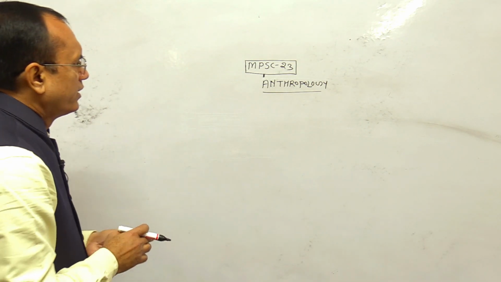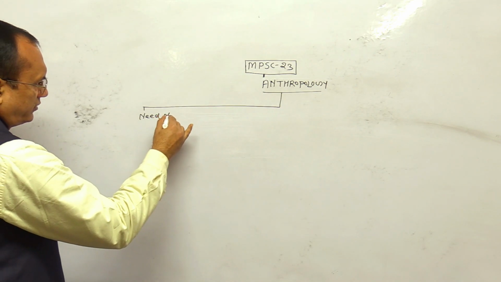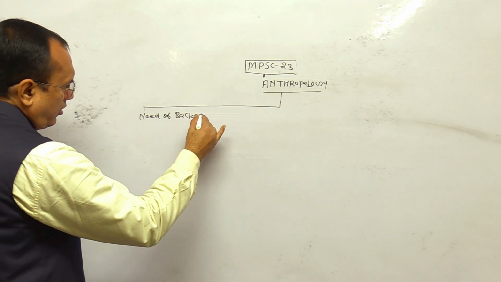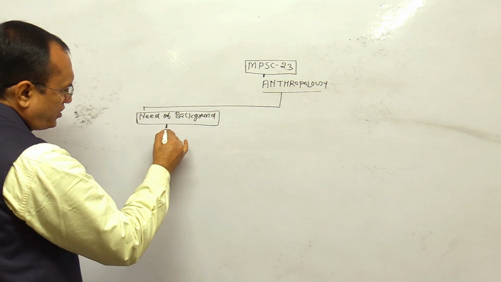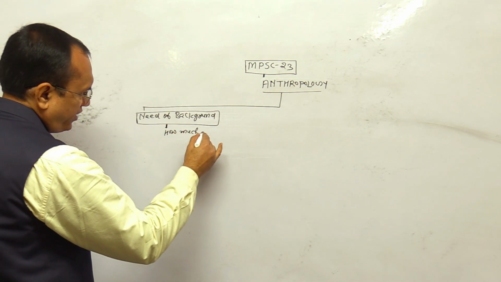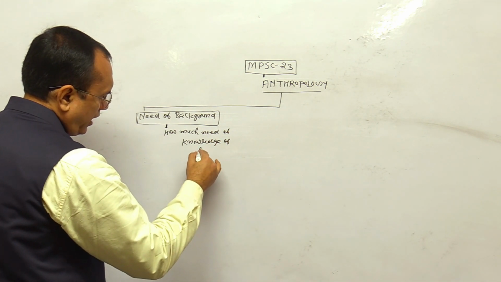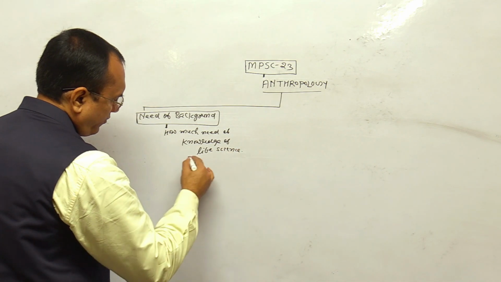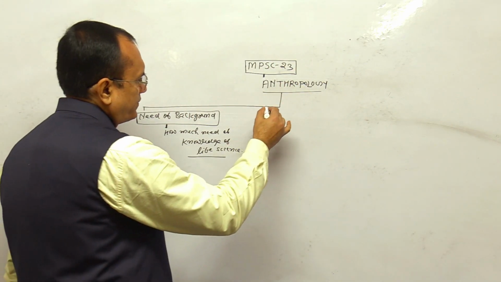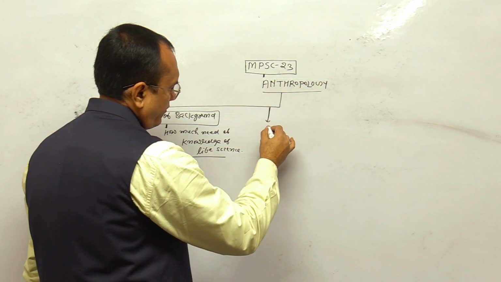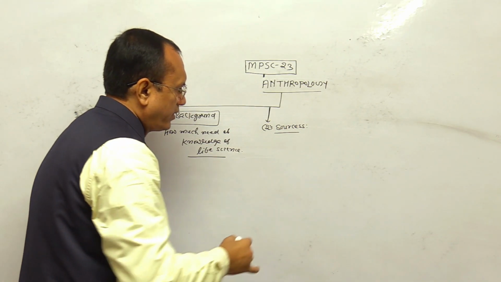So the first problem you have arises about the need of background, right? Basically, a student's question is, how much need of knowledge of life science, right? First important thing. Second question is sources for the study of anthropology.